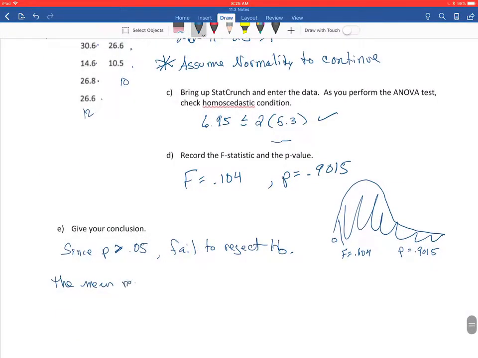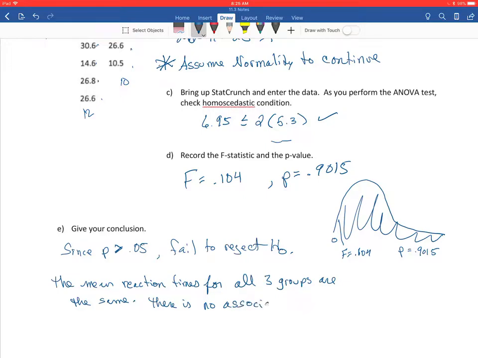So it looks like the mean reaction times for all three groups are the same. And hence what that means is that there is no association between your athletic ability and reaction time.